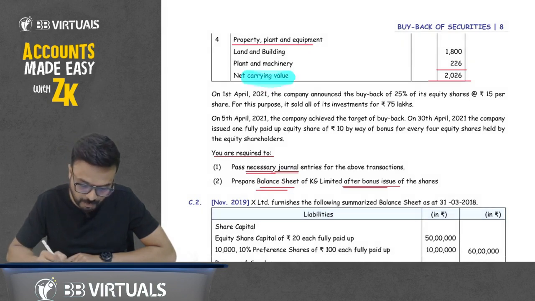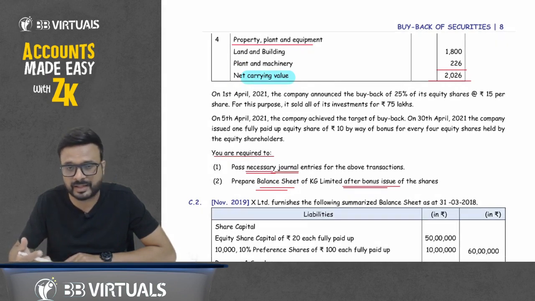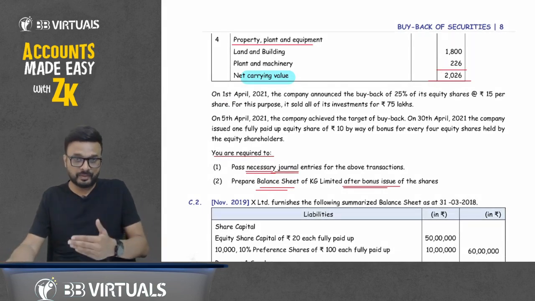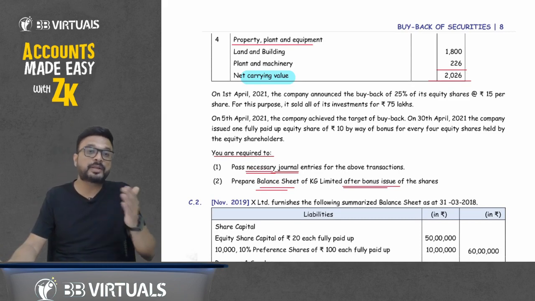They use the word net because it is after the adjustment of depreciation, so here it is WDV. Anyway, the total of land and building and plant and machinery comes to 2026. So the balance sheet and notes to account are given, and this balance sheet is before the buyback.